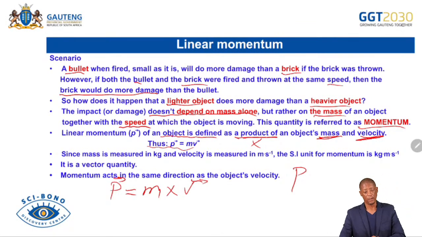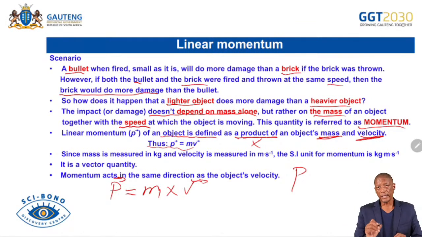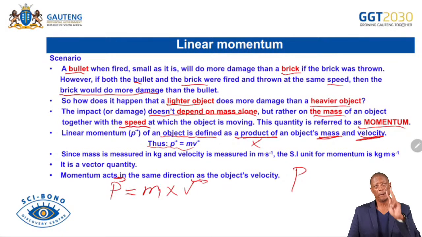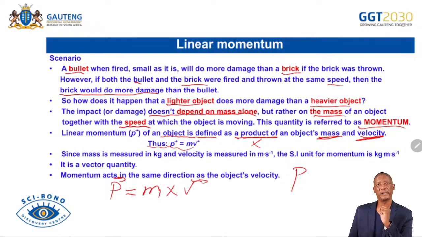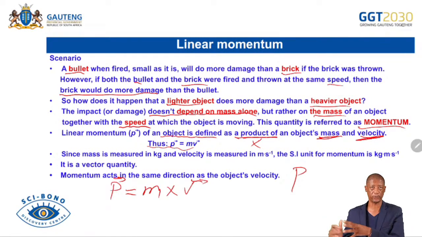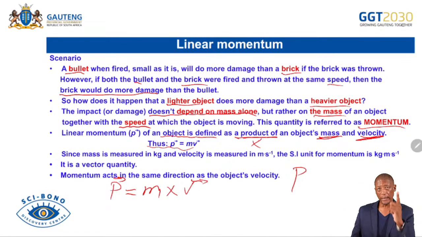Now, to calculate momentum, we always say, for us to calculate, we must have one unknown and the other knowns. It can be two knowns, depending on the number of knowns that you have. But you have one unknown and two knowns.